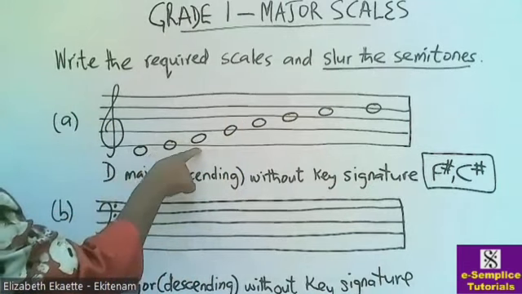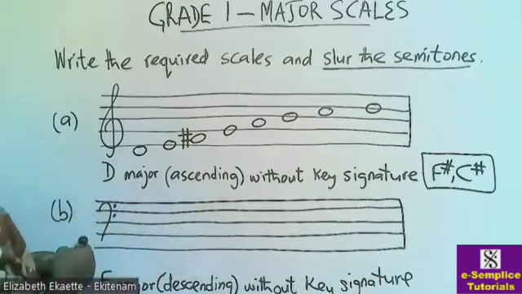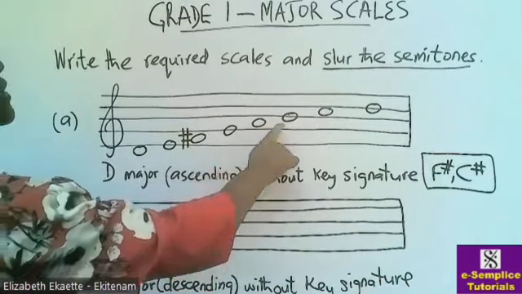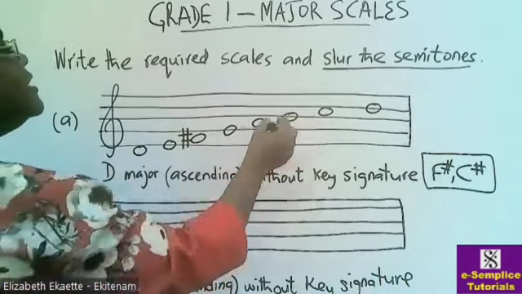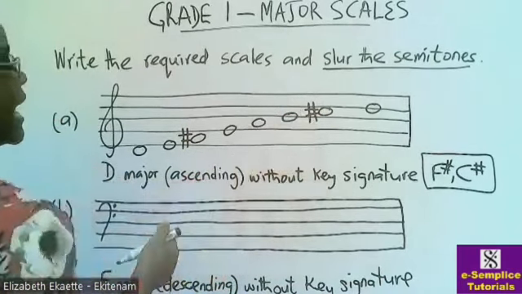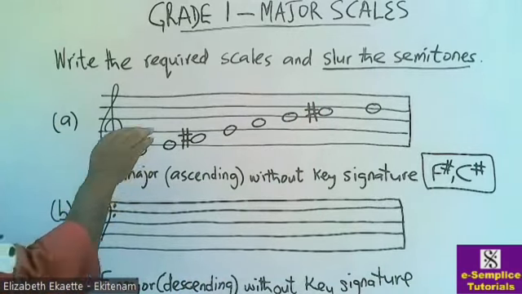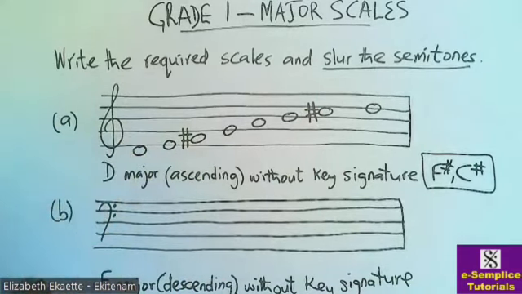This is letter F, so I'll put a sharp on it. And then I'll look for letter C and add a sharp for it. This is letter C, and I add a sharp to it. So now I have indicated the key signature accidentals on the notes requiring them.